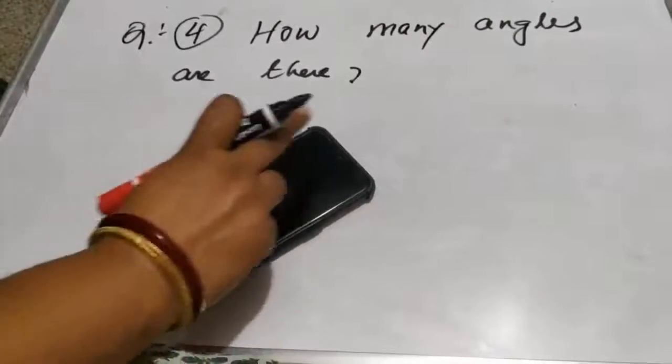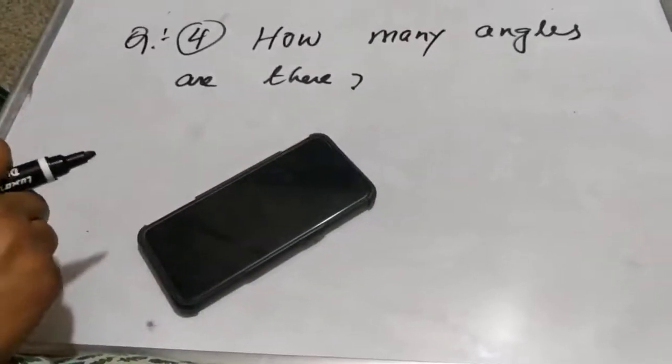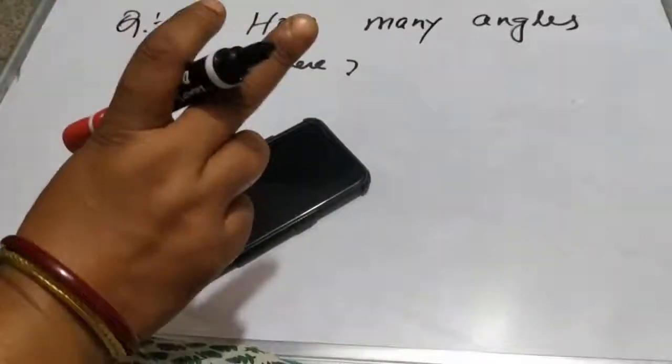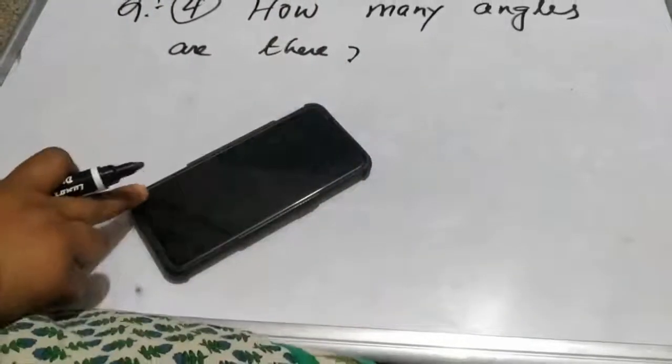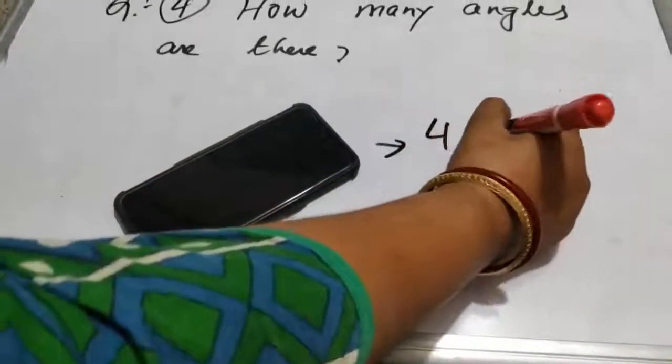This is the face of the mobile. How many angles are there? You have to count the number of the corners. 1, 2, 3 and 4. So how many angles? 4 angles.